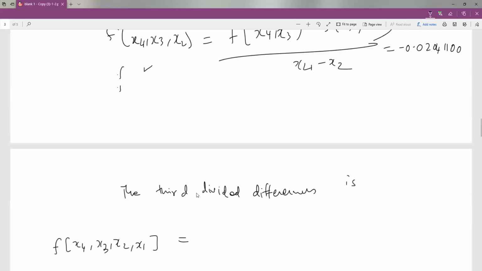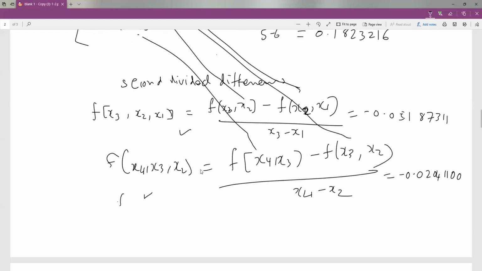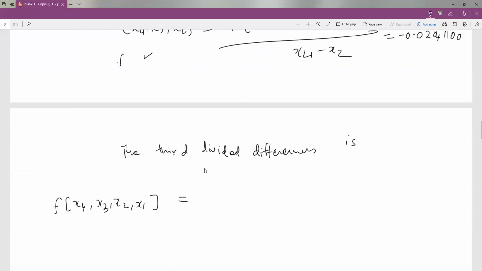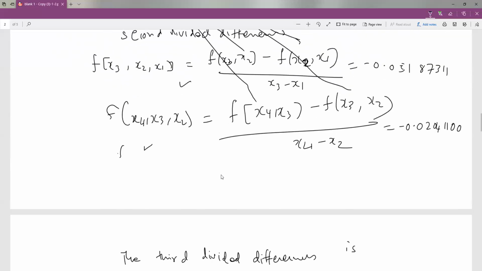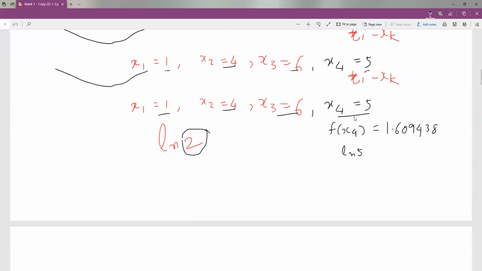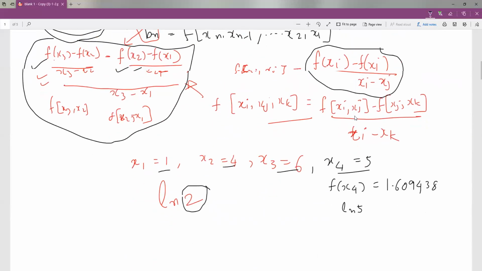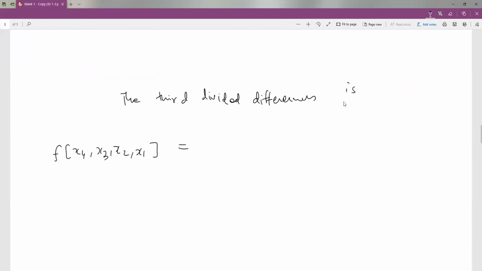We have already seen this in our earlier cases. Actually, this minus this, the difference of the second divided differences.